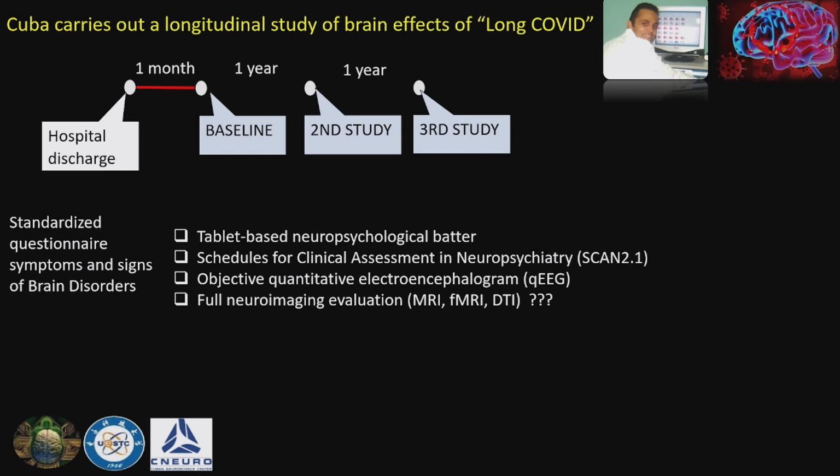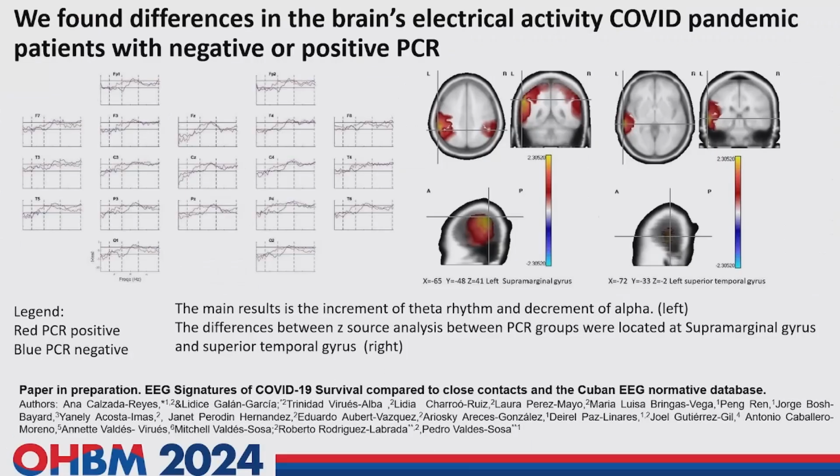These were later classified as having COVID, PCR positive, or not, PCR negative. EEG and other tests were carried out 1 month after discharge from the hospital. In both PCR positive and negative participants of the study, alterations were found in the EEG spectrum, which were also reflected at the source level.